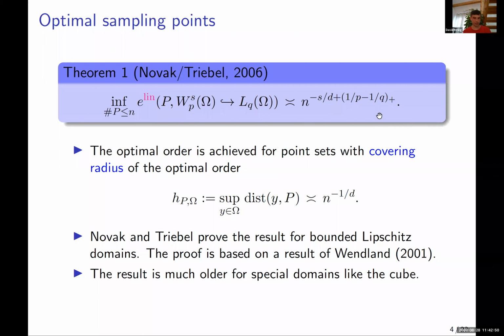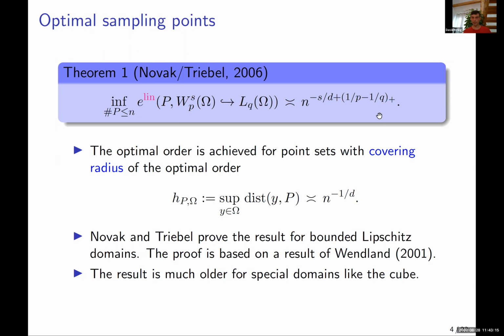And just a remark, Novak and Triebel proved the result for a little more general domains than those which we consider here. They consider bounded Lipschitz domains. And convexity implies that the domain is a Lipschitz domain, and we only consider convex domains.